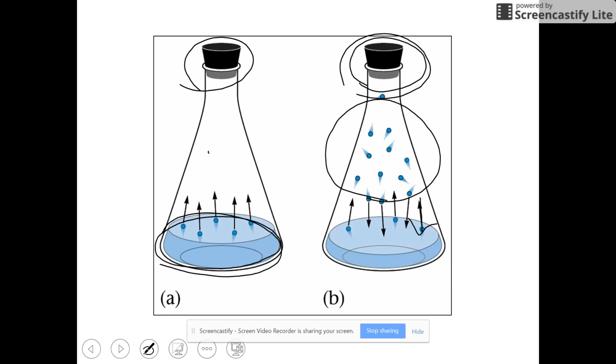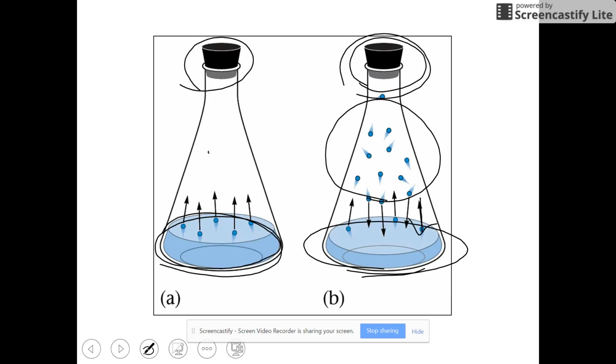Because the number of molecules that change between the two phases are equal, you will not see the change in the level of the liquid. And this is why we say this system has reached equilibrium. But it's not a typical equilibrium, it's a dynamic equilibrium because there's evaporation and condensation going on all the time.